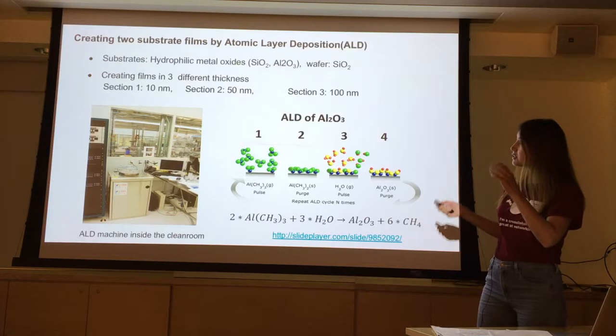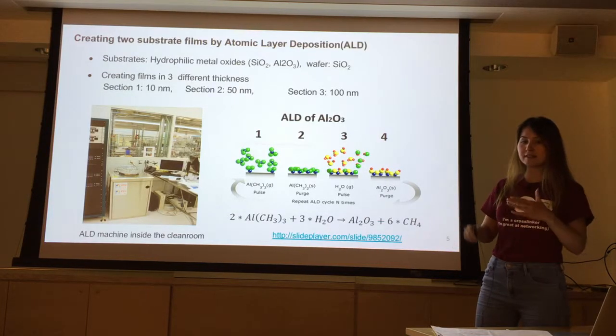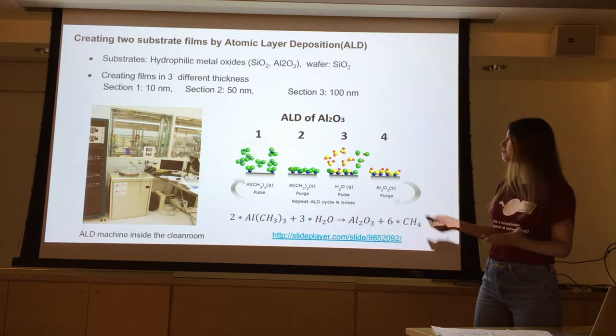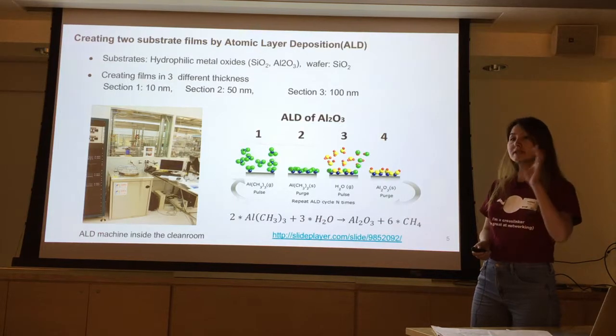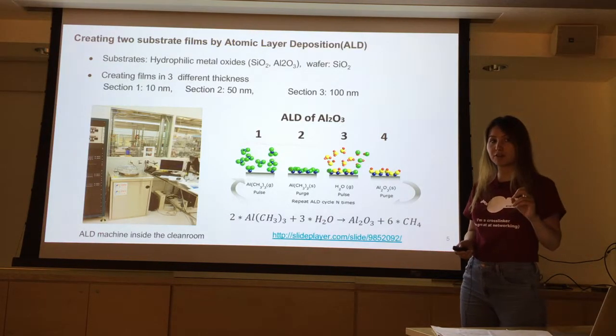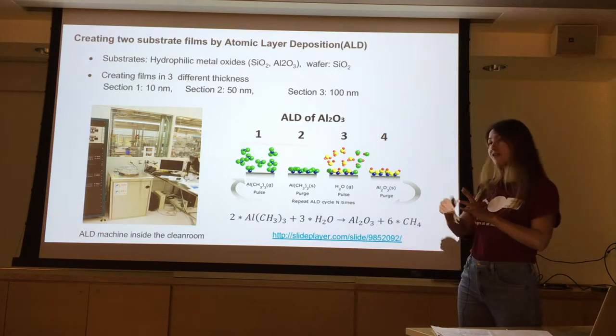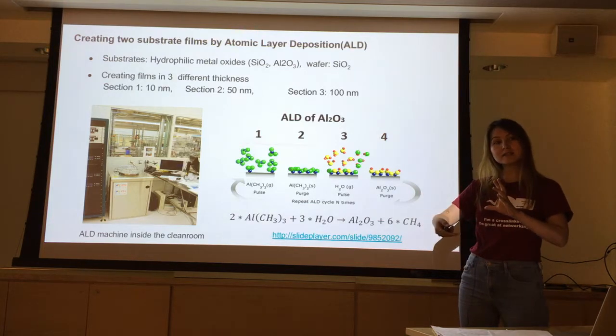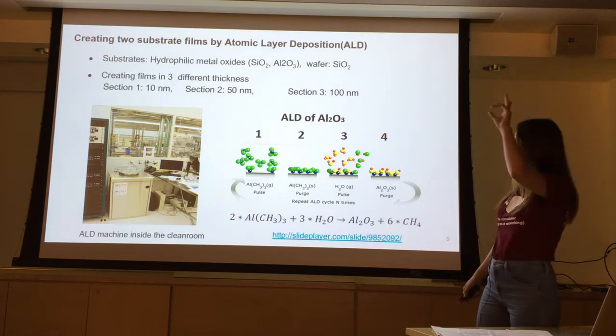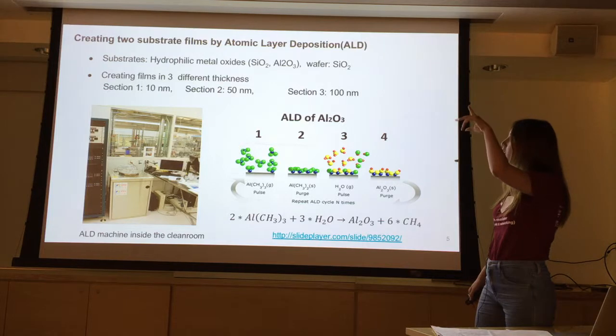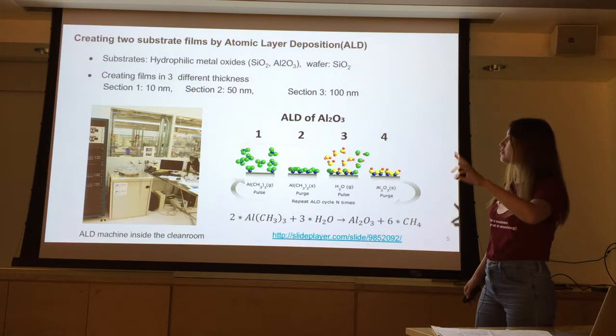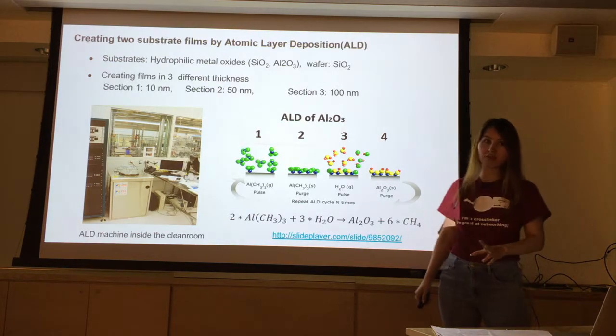In the first step of the fabrication part, I used a silicon dioxide wafer as the underlayer, and after that deposited two different metal oxides, silica and alumina, both of which are hydrophilic metal oxides.